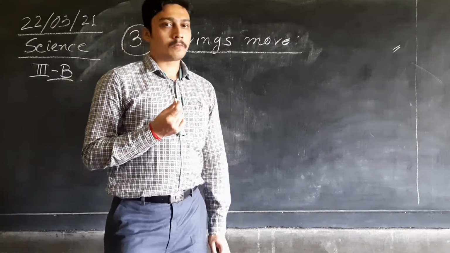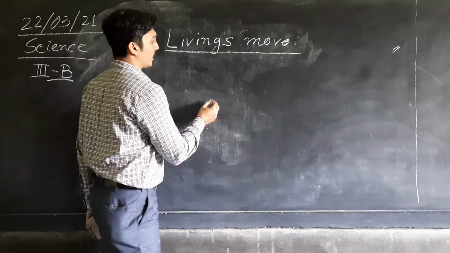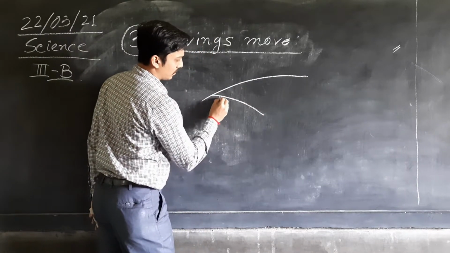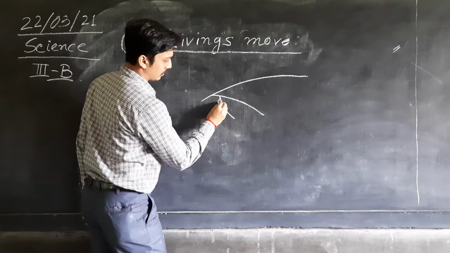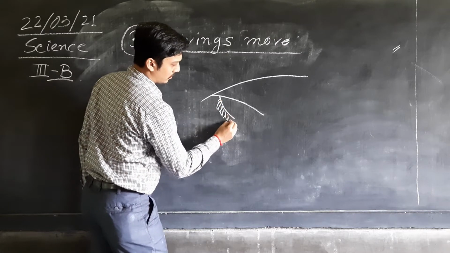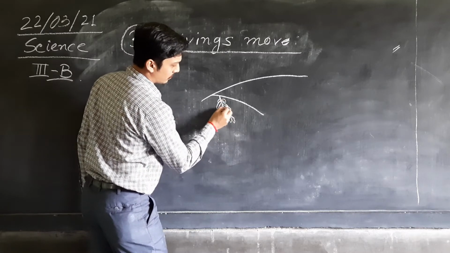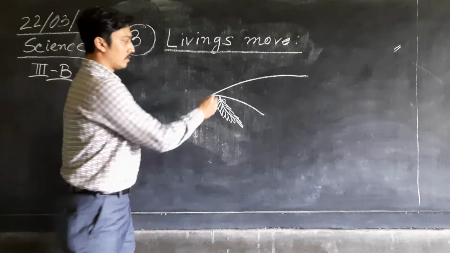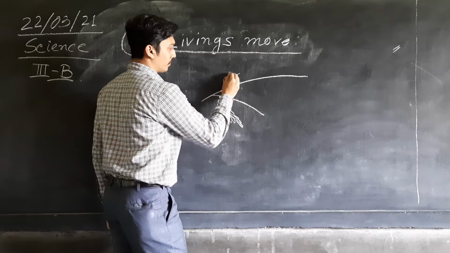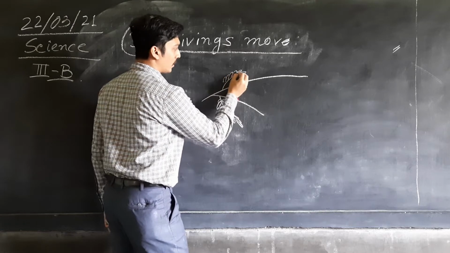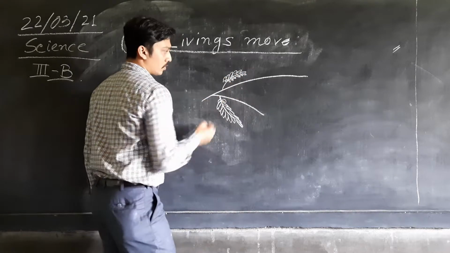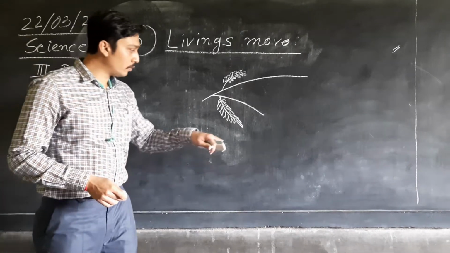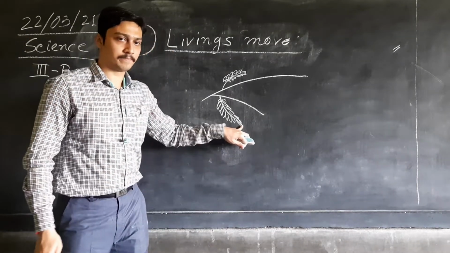So what is the touch-me-not plant? It has many leaves. What is the main characteristic of the touch-me-not plant?